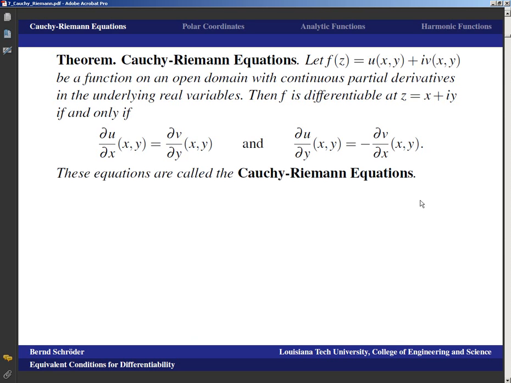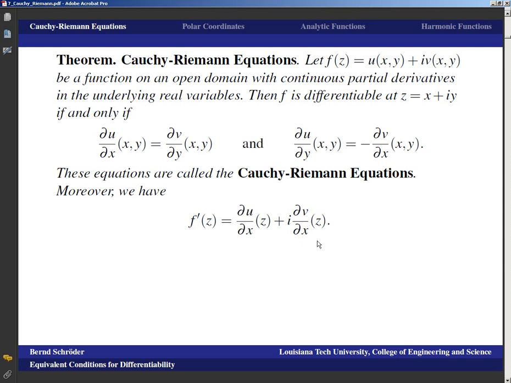Okay, these equations are called the Cauchy Riemann equations. And moreover, we have that the derivative of f at z is du dx at z, so du dx at x y when z is equal to x plus iy, plus i dv dx at that point z.